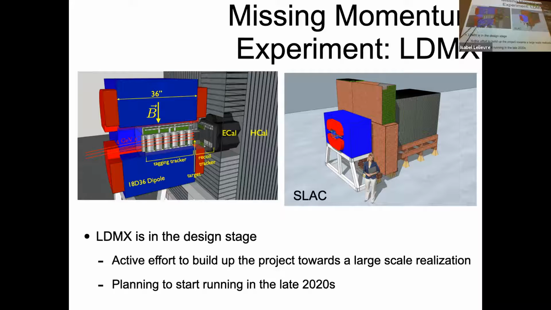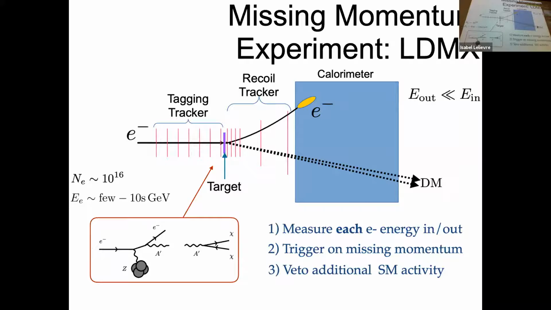You measure the momentum before it hits the target, you measure the momentum after it hits the target, and then you get the calorimeters to get the images. If you're interested in new projects, this is building up. It's very active right now. People are very excited.